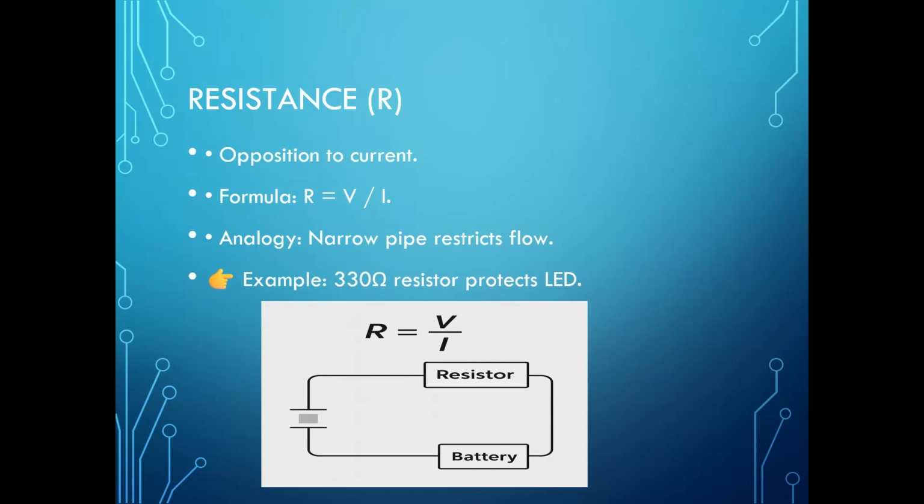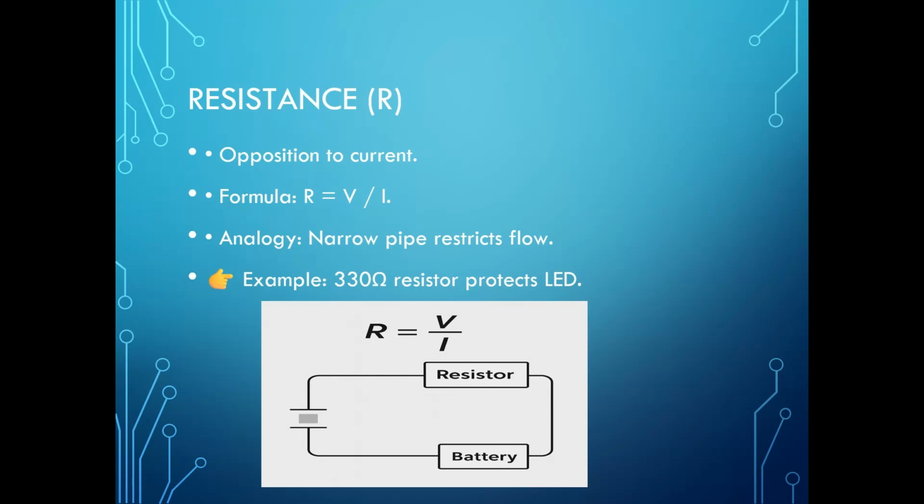Resistance. What is resistance? Now, what if we don't want too much current? We put resistance in the way, like narrowing a pipe. So R = V/I, which means it opposes the current. Suppose you have a 330 ohm resistor with an LED.